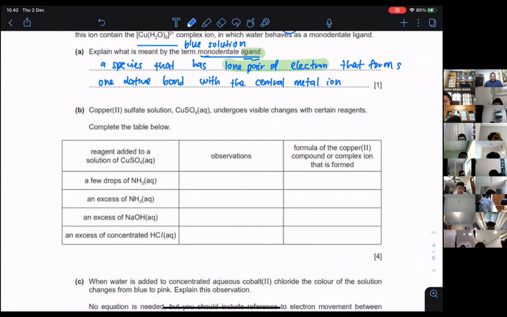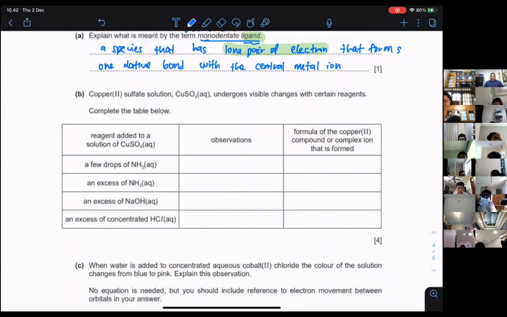Now, copper 2 sulfate undergoes visible changes with certain reagents. For this you need some information from your IGCSE. The problem is we didn't do paper 3, but basically it's testing of cations. You should know about testing of cations, because when I was teaching you about transition metal complexes, I was saying that this makes your concept of testing of cations from IGCSE much more complete.